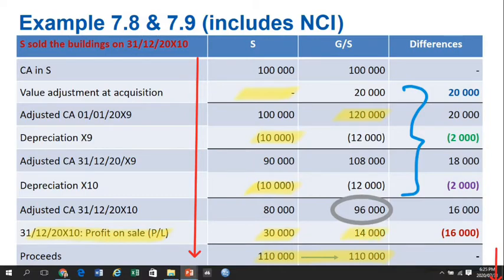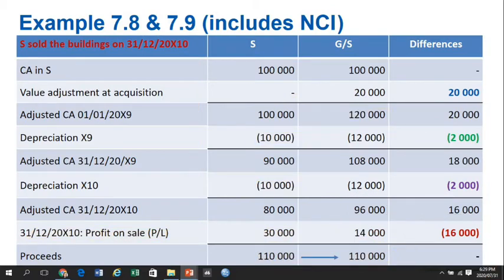So I now identify a new difference of 16,000 Rand, and it's on the line item profit on sale of asset. So all my differences being the 20,000 Rand at acquisition, the 2,000 additional depreciation in X9, and the 2,000 Rand additional depreciation in X10 still need to be adjusted for, but I now have an extra 16,000 to adjust.